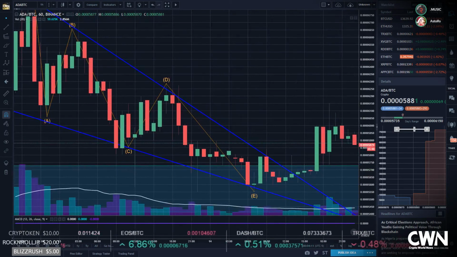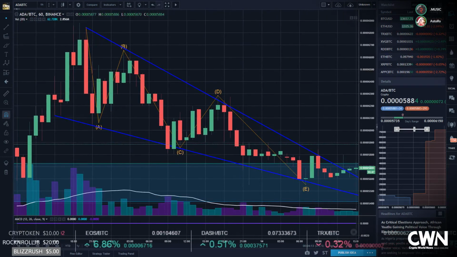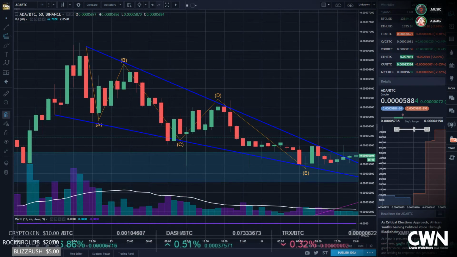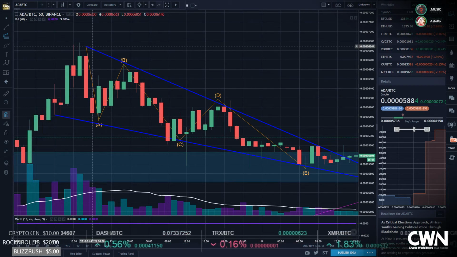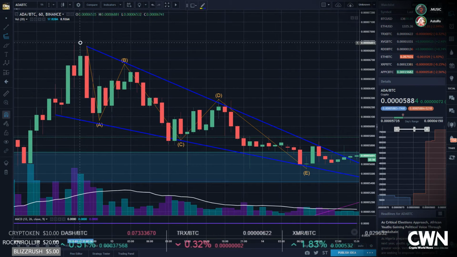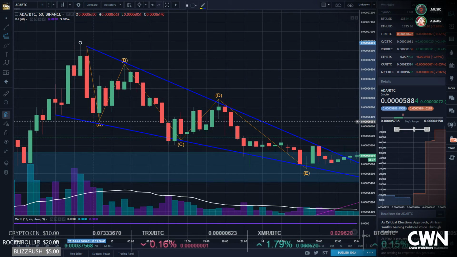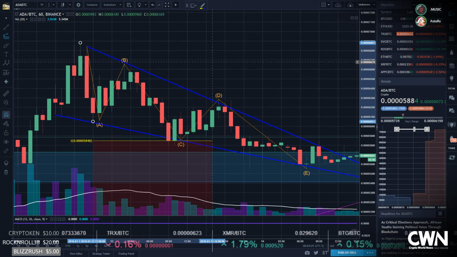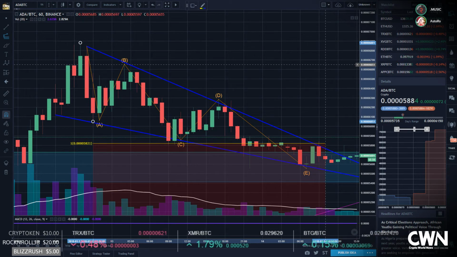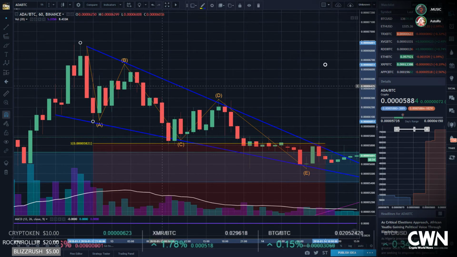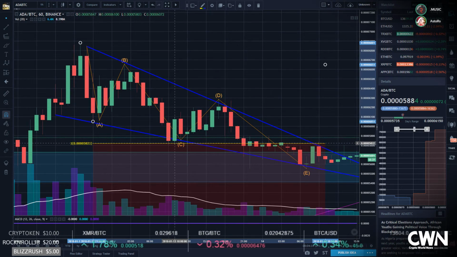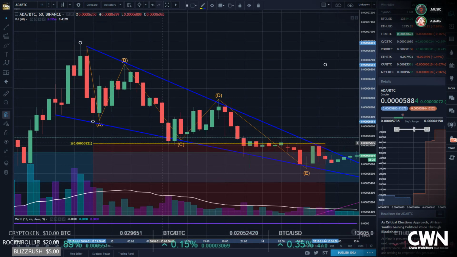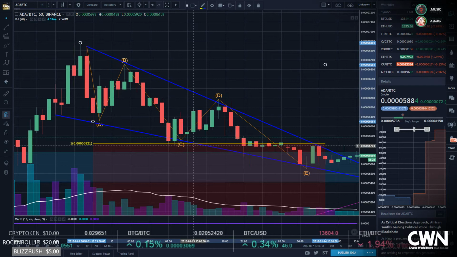So, just a closer zoom in of this. When I was charting this in real time, I believe it was last night, if not the night before, I had that AB 5-wave impulsive down, and I projected this as my C wave low, and I was actually buying the C wave low right around 5,800 Satoshis.